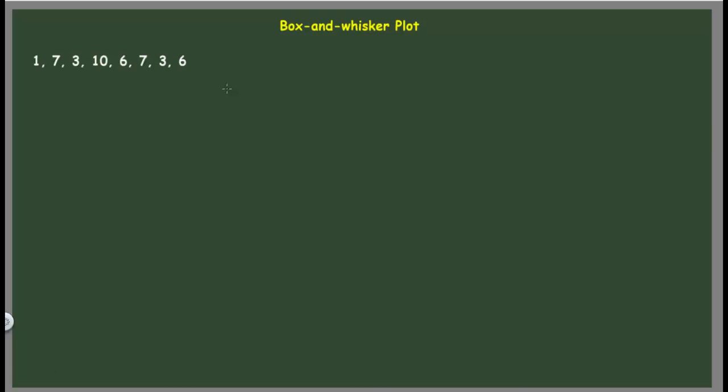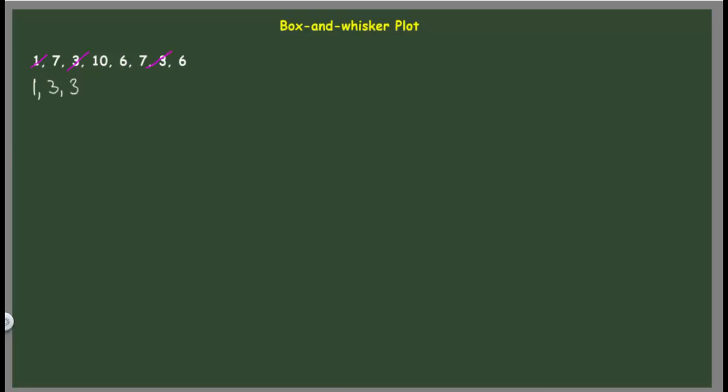And of course, we first need to rearrange this set of numbers in increasing order. So 1 is actually our first number, so we're going to write 1 here. Then the second one will be 3. I have 3 twice. Let me just cross it out so we know they're gone already.